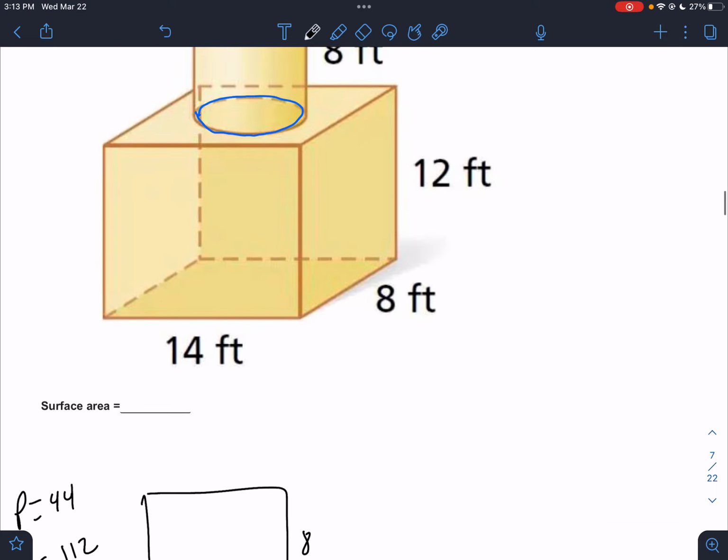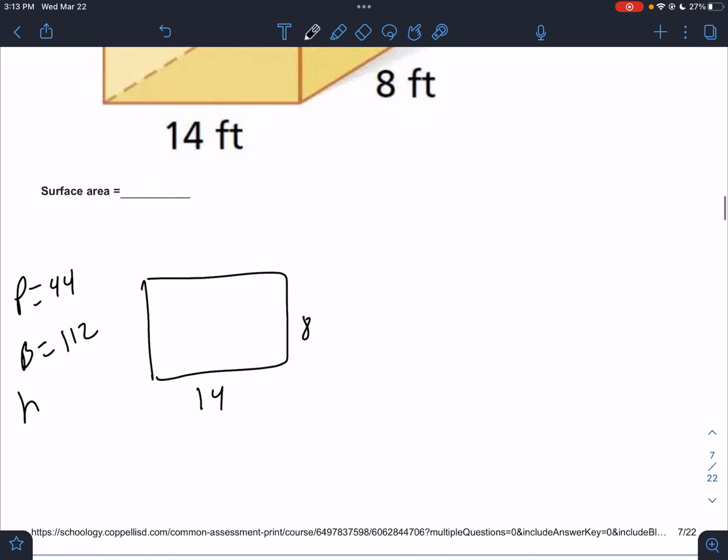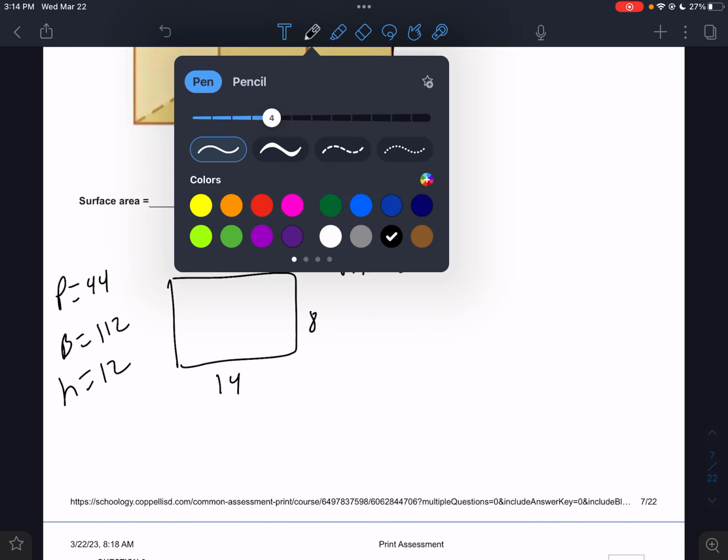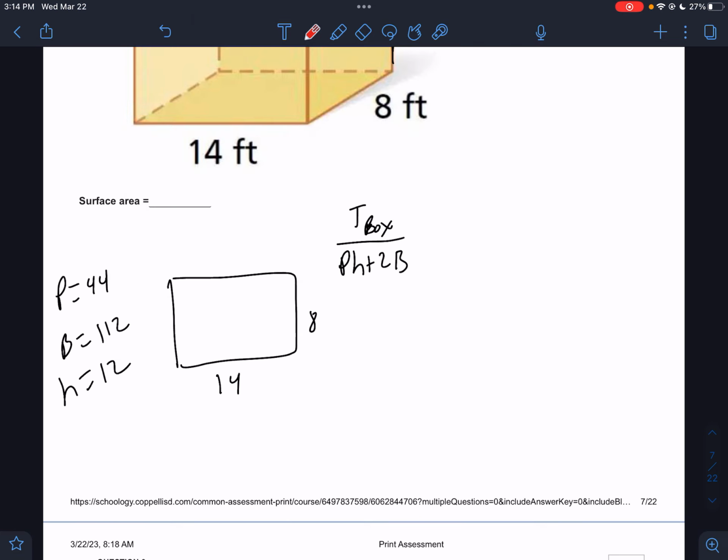And then the height of the box would be 12. So the total of the box, we'll start with that, is PH plus 2B. And so that's going to be 44 times 12 plus 2 times 112.